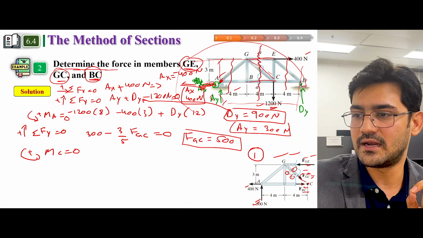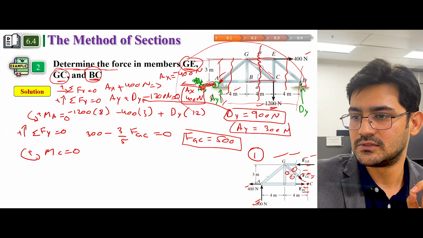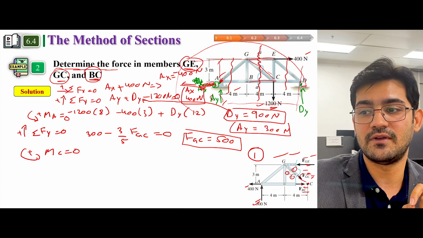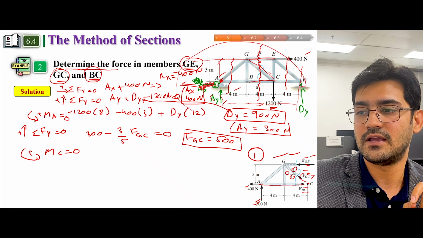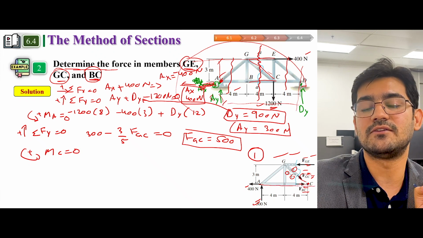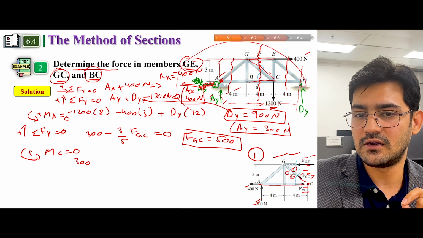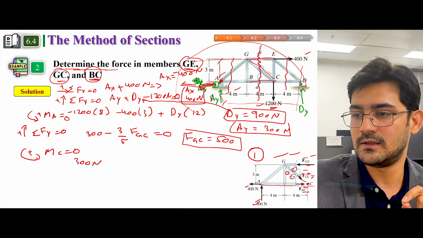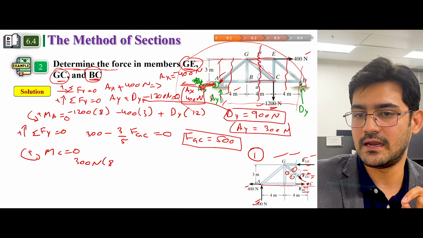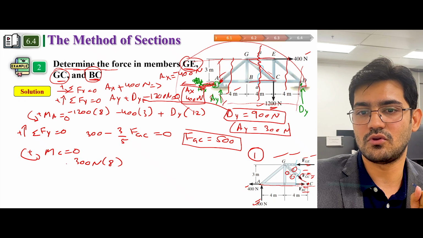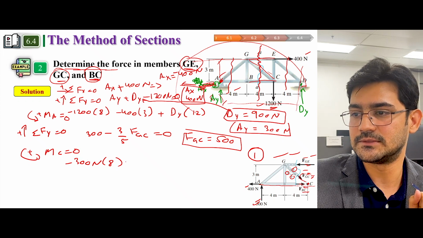If I take moment at this point, Ax would also be 0, because this is the line of action of the force and it is passing through that joint. So you have 300 Newton and the distance is 8. Is it clockwise or anti-clockwise? It is clockwise, so clockwise means you have negative with this.